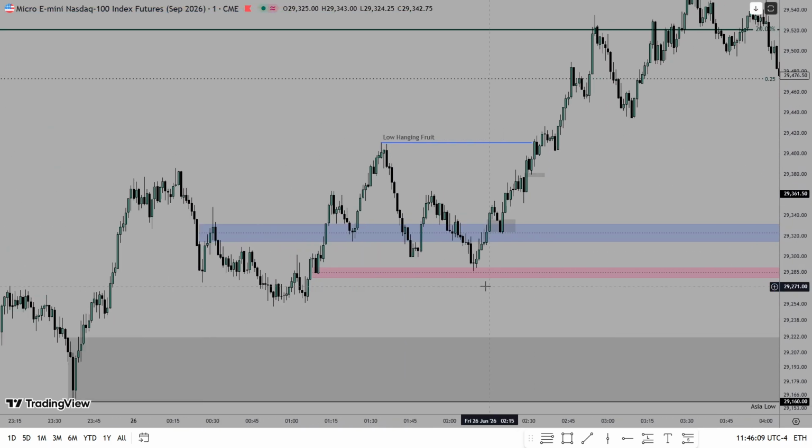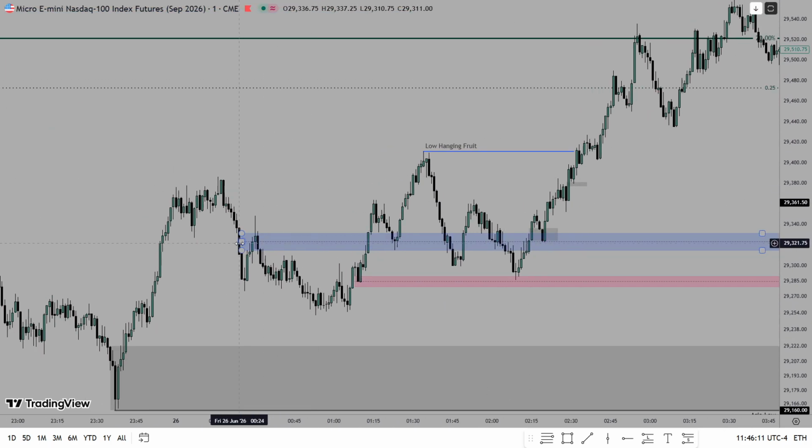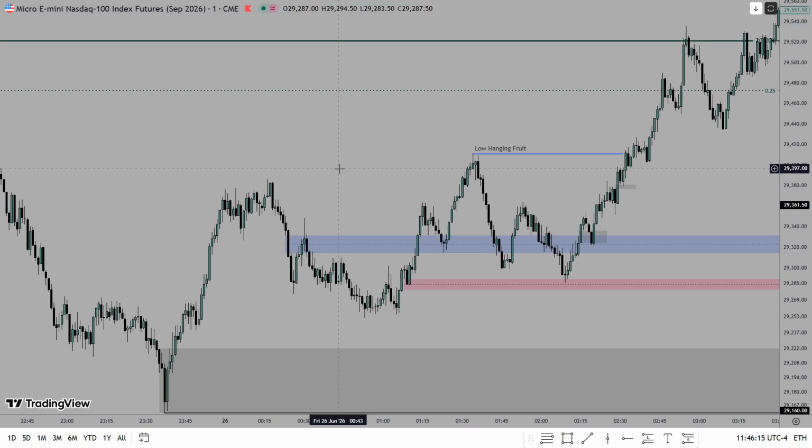Then I marked this first displacement of midnight opening. The midnight opening range is in this 00 open to 12:30.